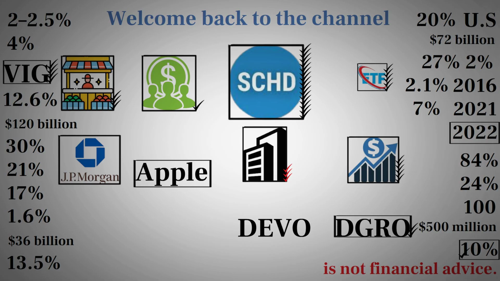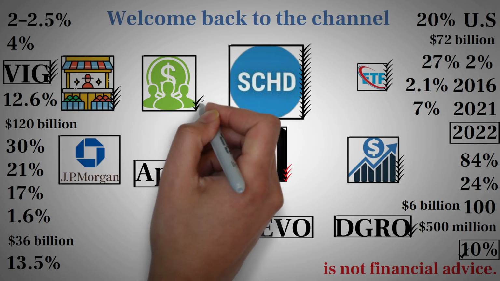Finally, there's DEVO, the Amplify Enhanced Dividend Income ETF. DEVO takes a slightly different approach, combining blue-chip dividend-paying stocks with a covered call option strategy to enhance monthly income. With $6 billion in assets under management and less than 10 years on the market, DEVO is relatively new but appealing for income-focused investors.